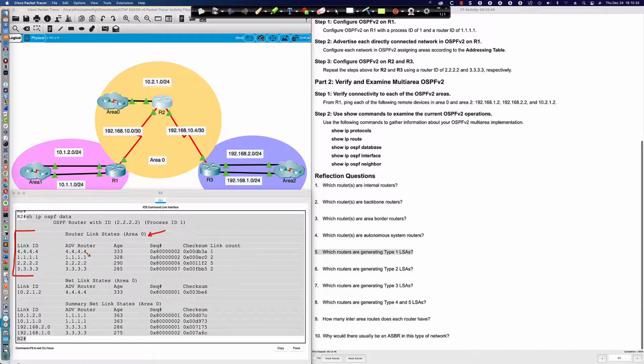This is the LSA that describes all of the links that router 2 sees, his type 1 LSA, and then the type 1 LSAs that router 2 is receiving also have link information in them to describe the links that those routers have. And so it's the type 1 LSA. It's the first one listed here. It's the router LSA. And the link ID is your router ID.